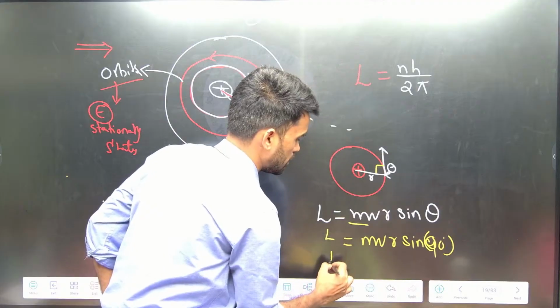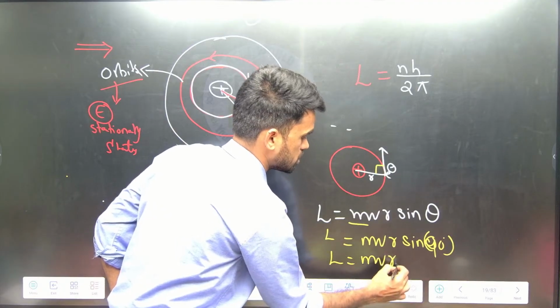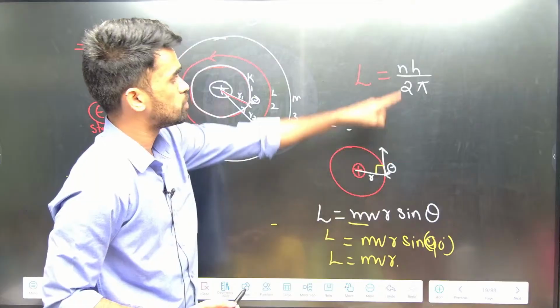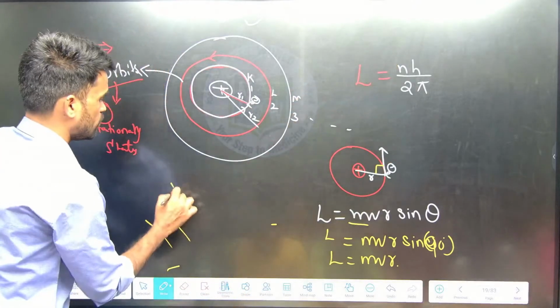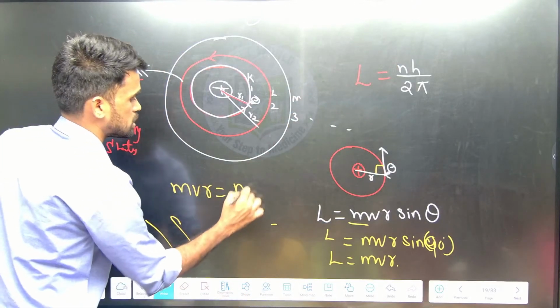So angular momentum L equals mvr. This value should equal nh by 2 pi, so mvr equals nh by 2 pi.